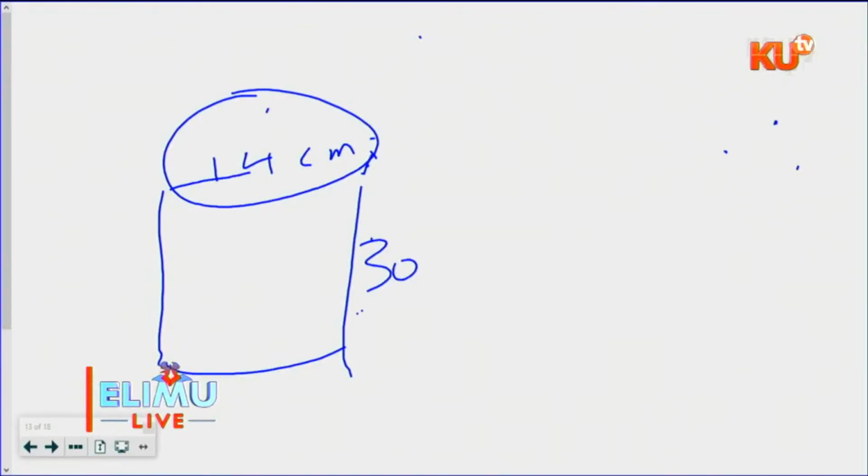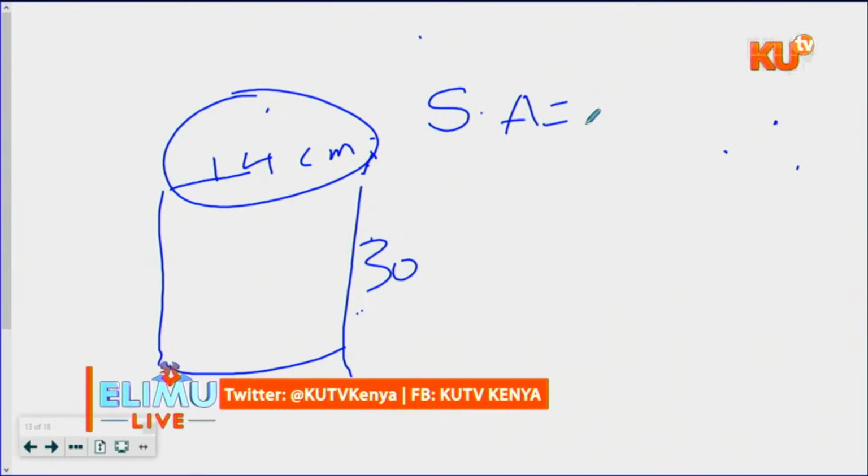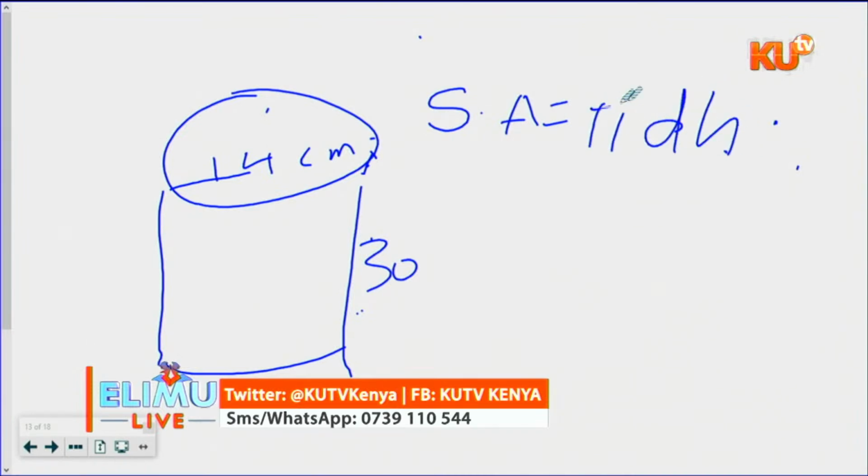Okay, the first thing, as I will insist, always put your formula down. Surface area is only the area of the curved part. Surface area of the curved part is equal to pi d h.